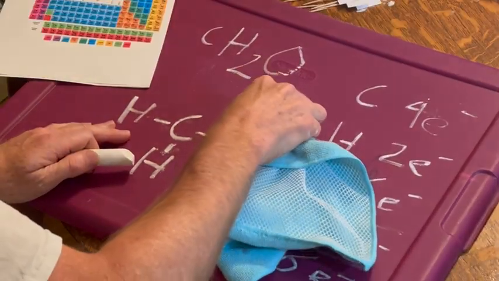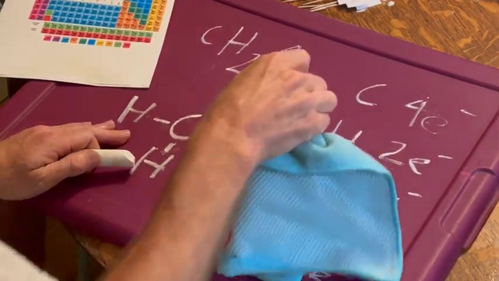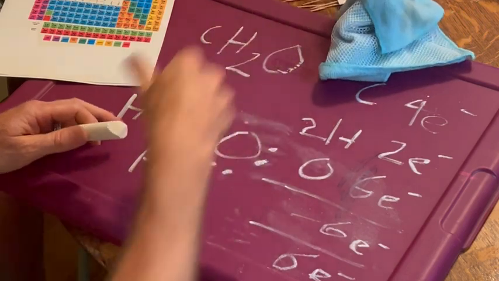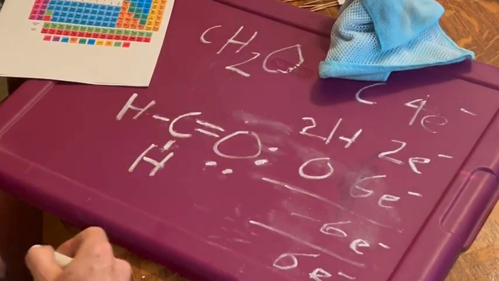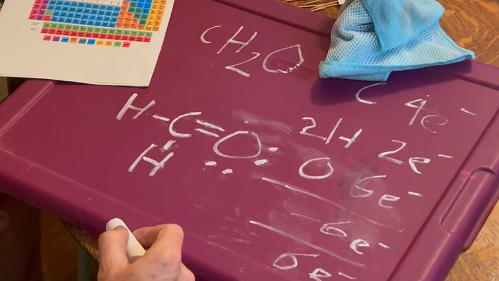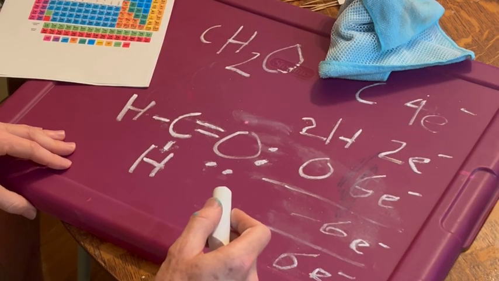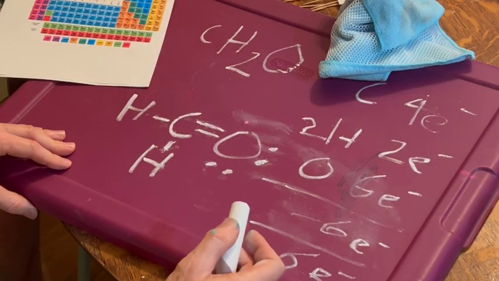So the only way to do that is they get borrowed from oxygen and become a double bonded pair there. So that's what the Lewis dot structure for formaldehyde looks like.